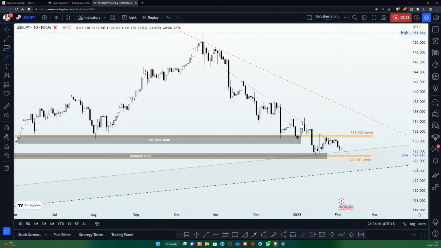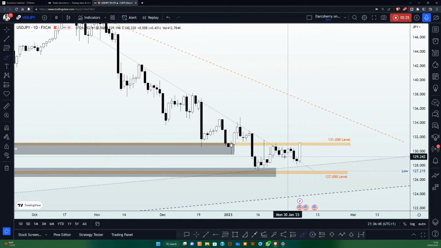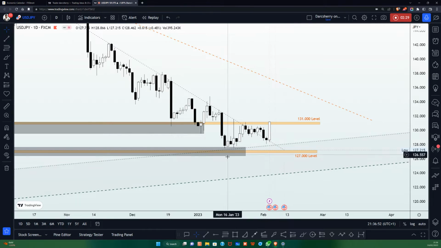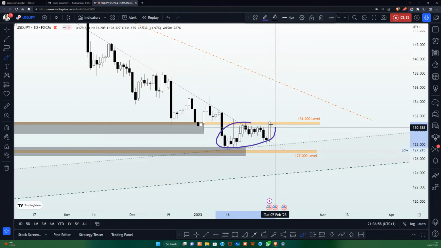And if we zoom into the current structure, that is the last couple of weeks, you would notice that the indecision in this market was very evident. Price continued to consolidate between that range, the 131.00 level and the 127.00 area, to further emphasize the indecision.